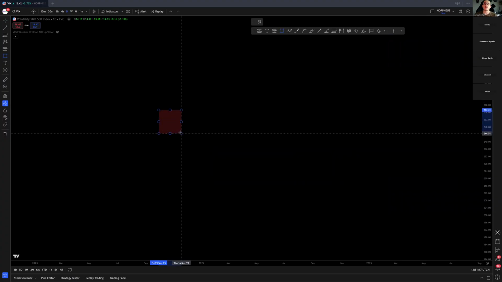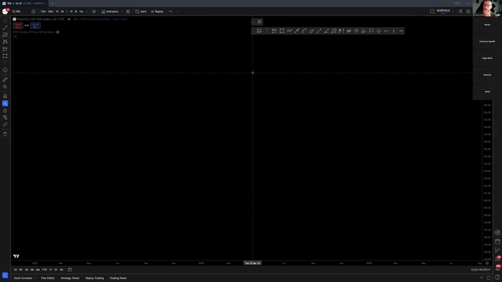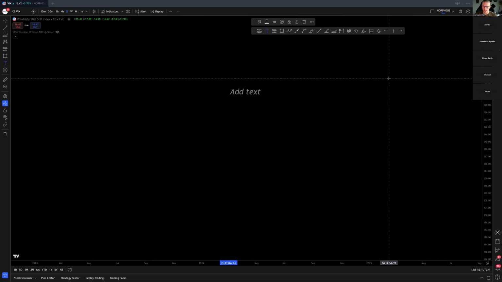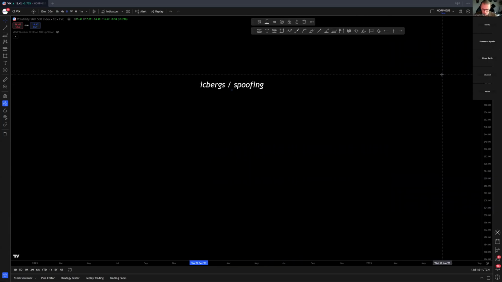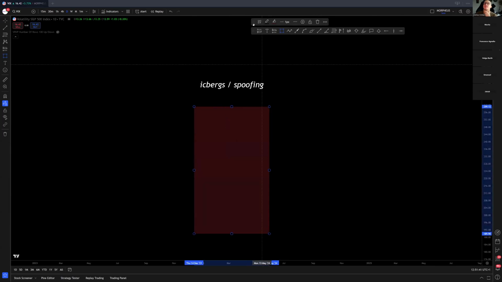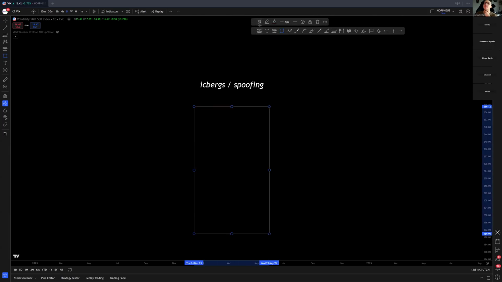So the first two patterns that we're going to try to understand are icebergs and spoofing, which is a pattern that Serge, the scalper of the team, actually trades. Okay. Let's build our book again. Let's make it simpler this time so we don't have to draw.